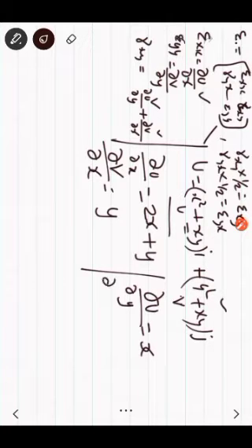Then you have dou v by dou y, so that is equal to 2y plus, with respect to y, you have x. Take the constant outside, that is x. If you differentiate y with respect to y, you will get 1 into 1, so you will get x.